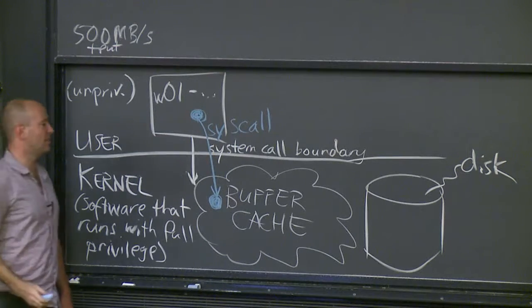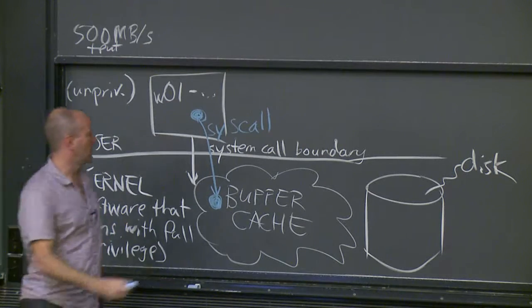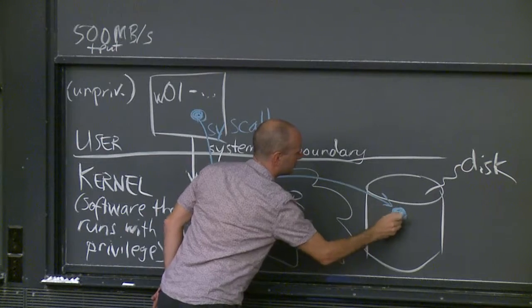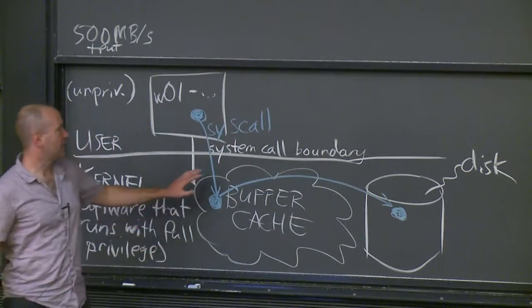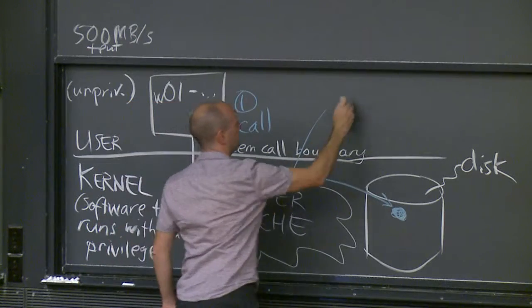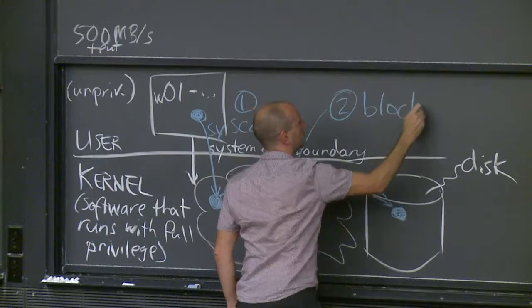The operating system then, at some point in the future, takes that data and puts it on the disk. So this is step 1. This is step 2, which is a block device I/O.